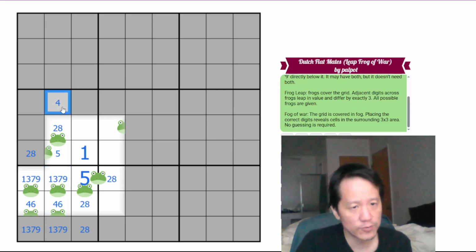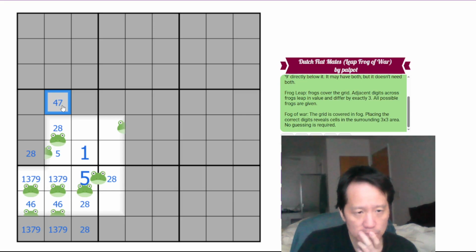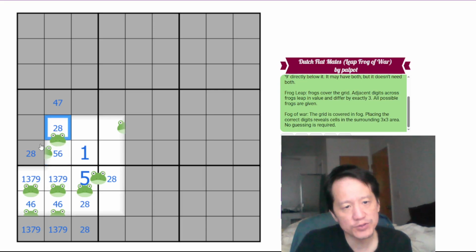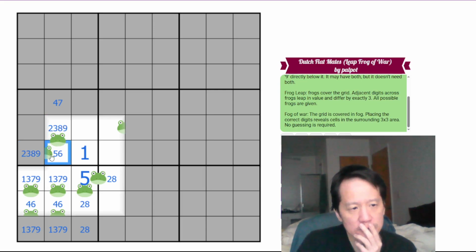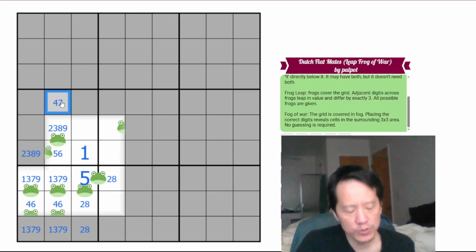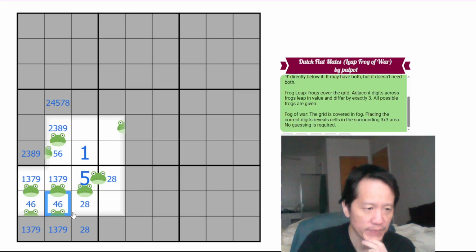This would have to be 4 or 7. If this is 6 with 3 and 9 here, it could be 5, it could be 2 and 8, and it could be 4 or 7. So those are all valid.